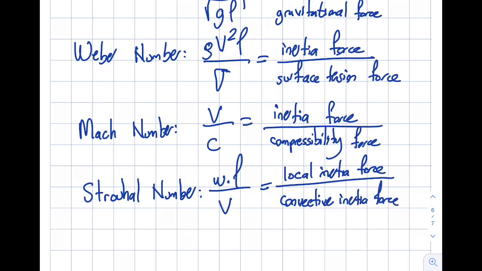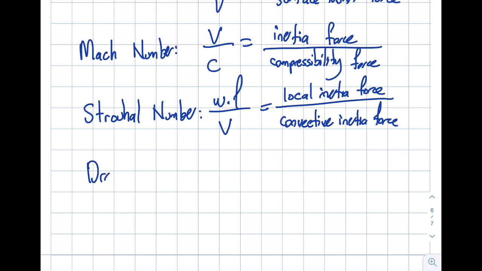Okay, so the Strouhal number is typically used for unsteady flows because, as you know, frequency is 1 over time, frequency of oscillation, or I can also use this if my boundary is rotating as well.